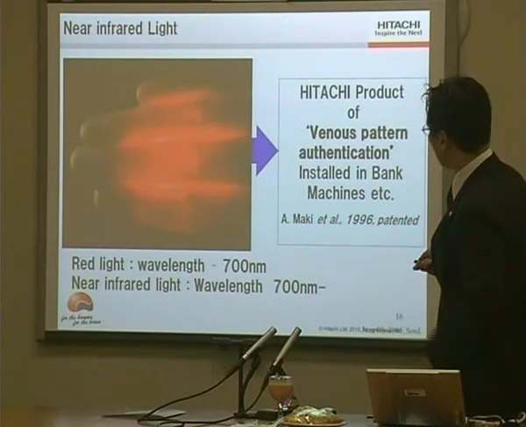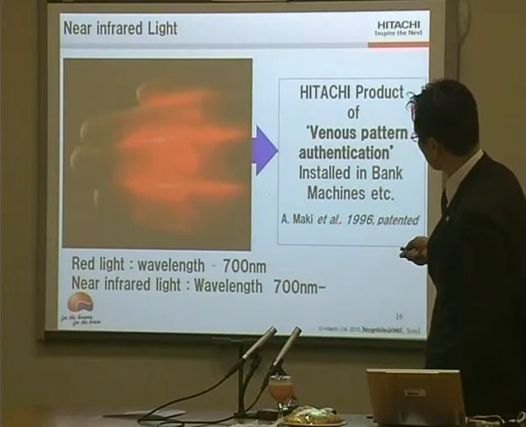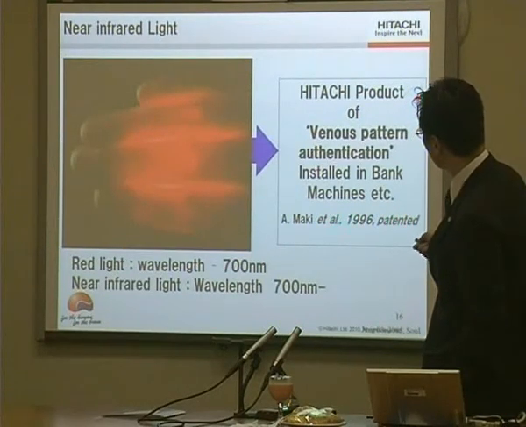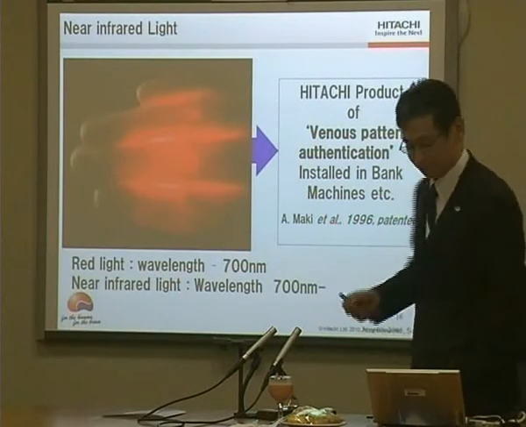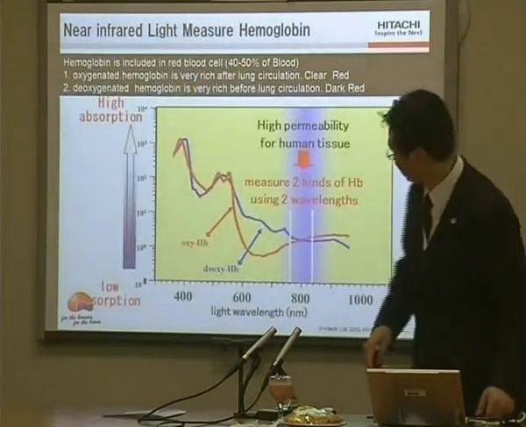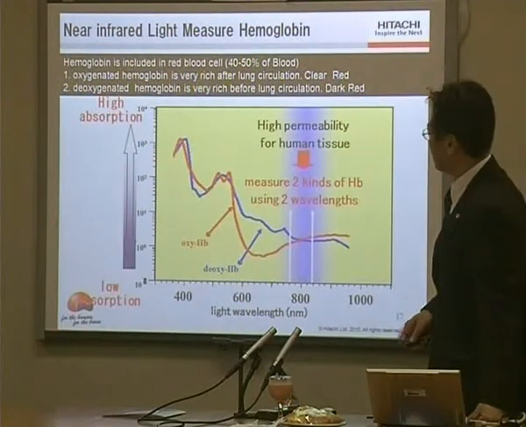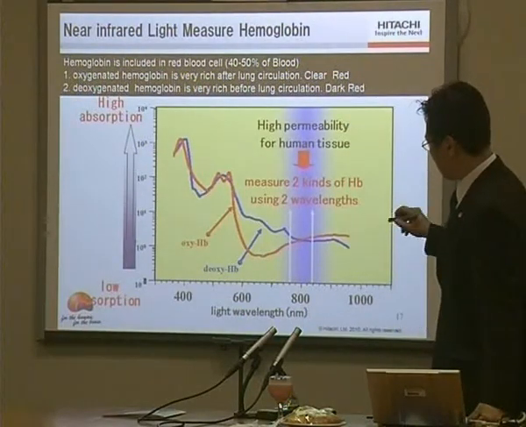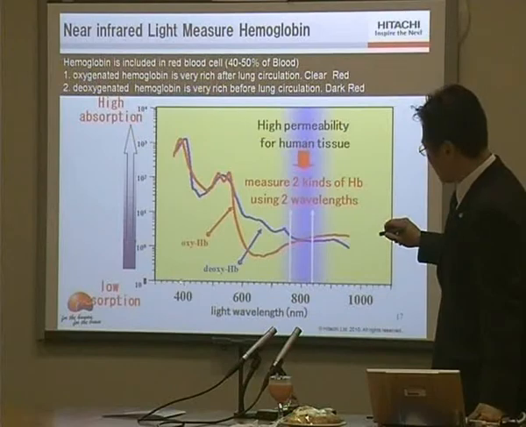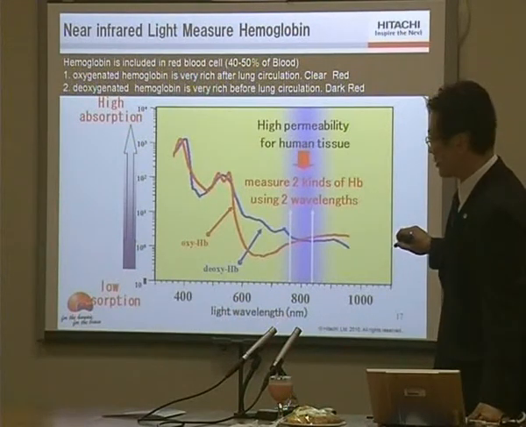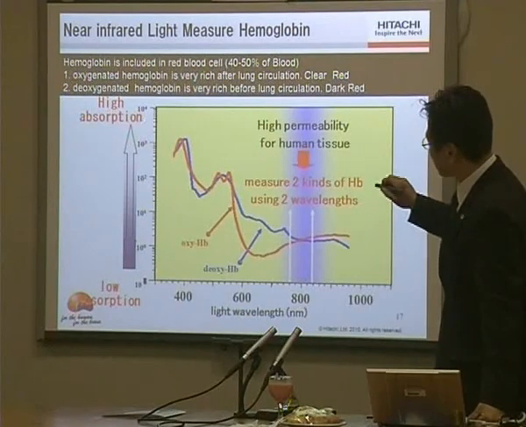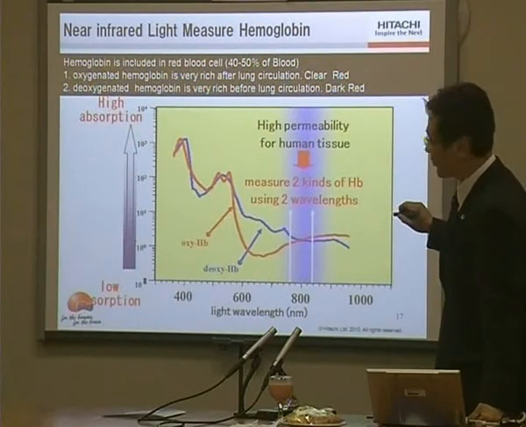So this technique is also used for the Venus pattern authentication installed in bank machines, etc. And in this graph, the horizontal axis means the light wavelengths, and the vertical axis means absorption of hemoglobin.